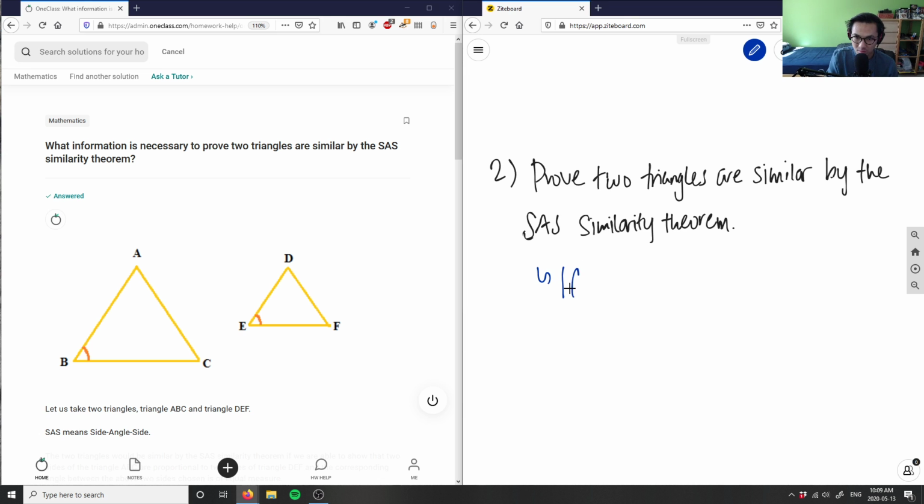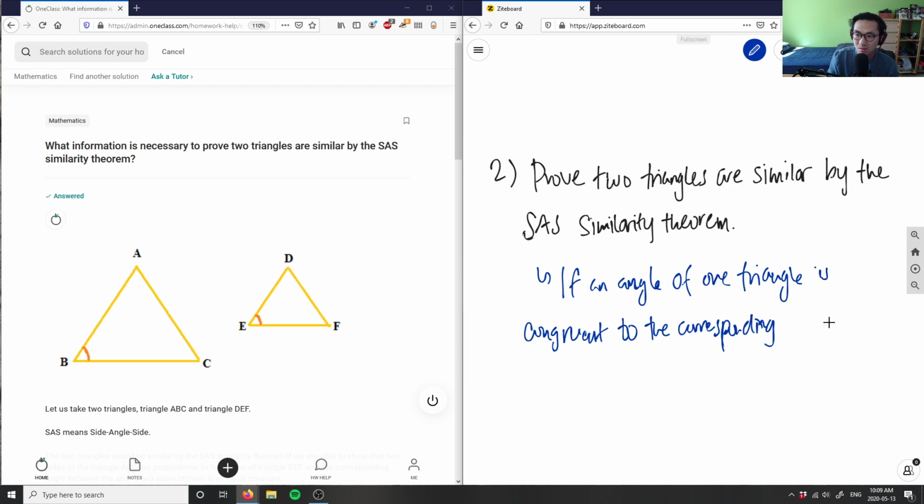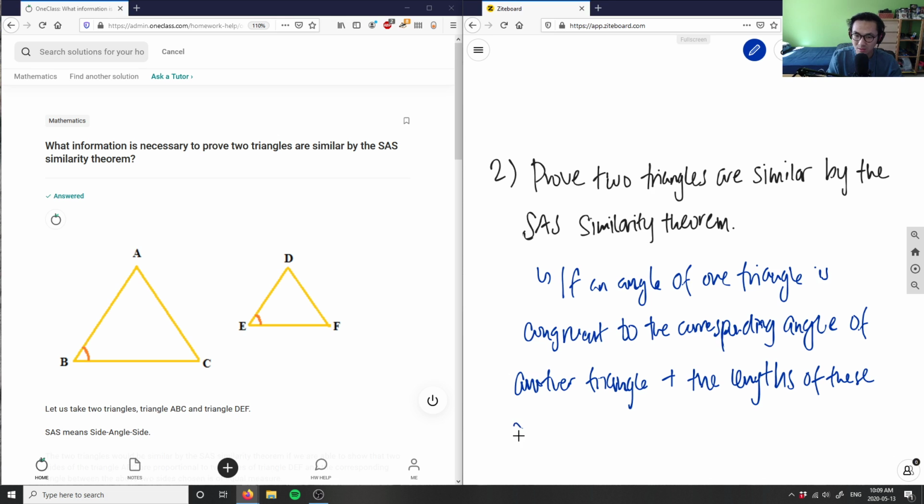So it says if an angle of one triangle is congruent, so the same, to the corresponding angle of another triangle, and the lengths of the sides are proportional, then the triangles are similar.